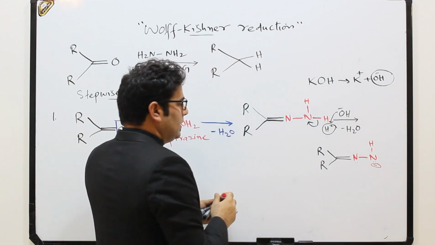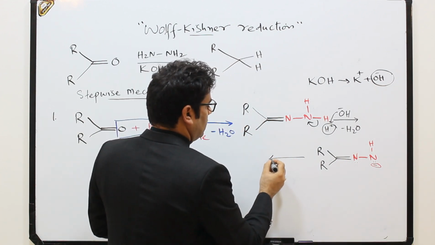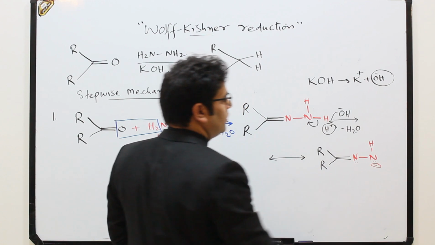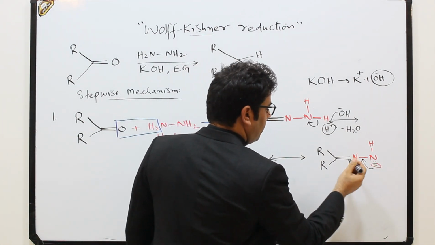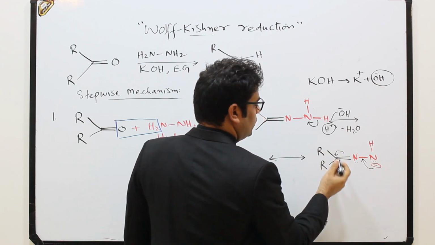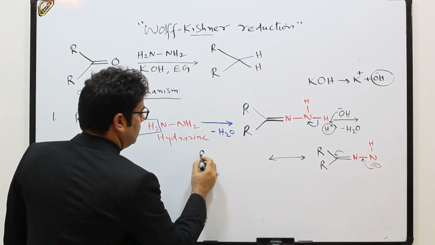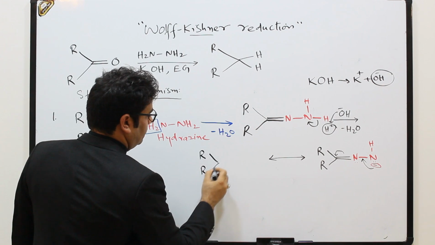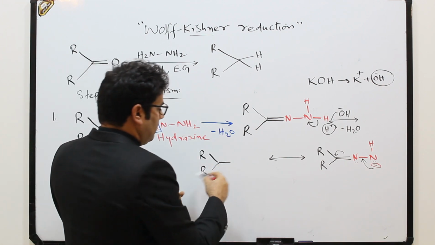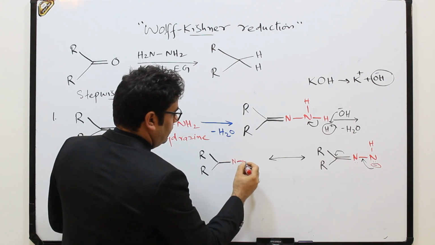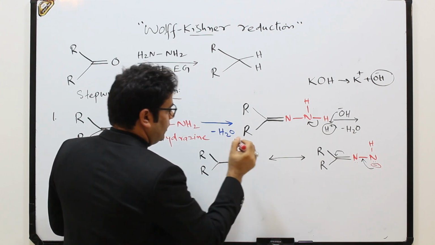Now in this step it will show some resonance. What is going to happen? The charge will come here and there will be a negative charge on carbon. The result will be N, carbon single bond N, and there is hydrogen.